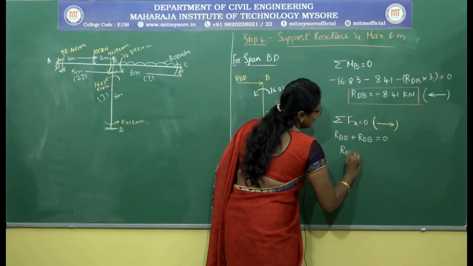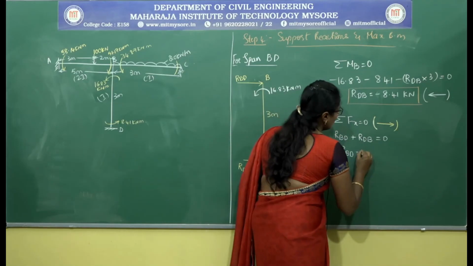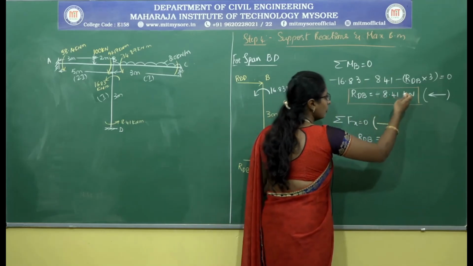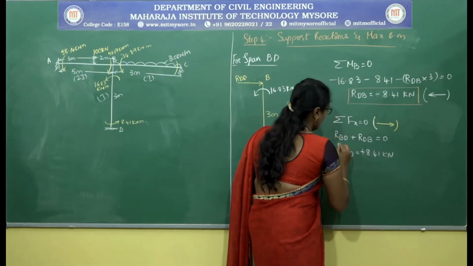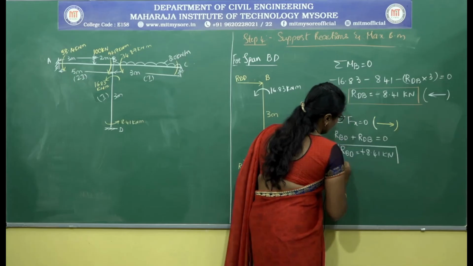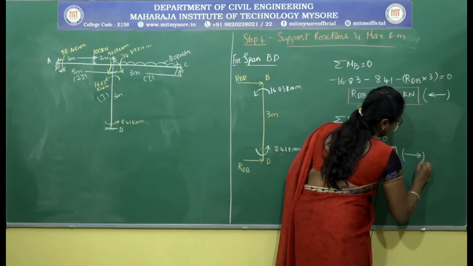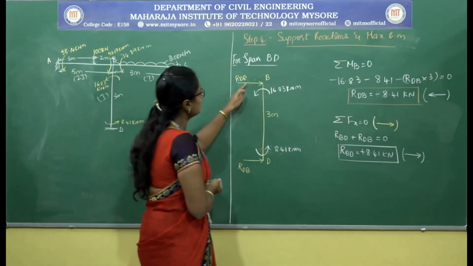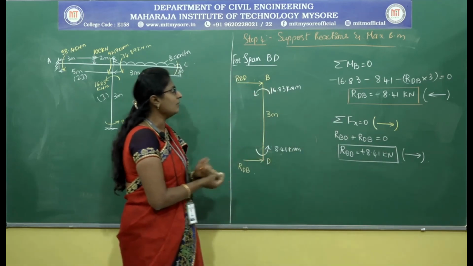So RBD equals minus of RDB. So minus of minus 8.41 is plus 8.41. That means here the force is acting towards the right. Okay, these are the support reaction values for RDB and RBD for the vertical member.